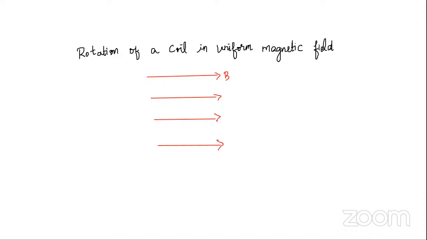And you have a coil like this. The coil is a little bit tilted.